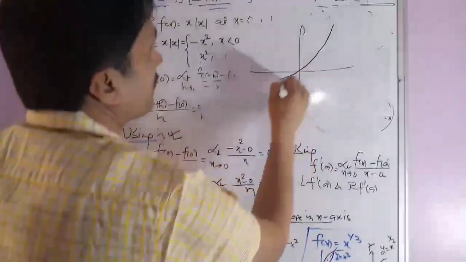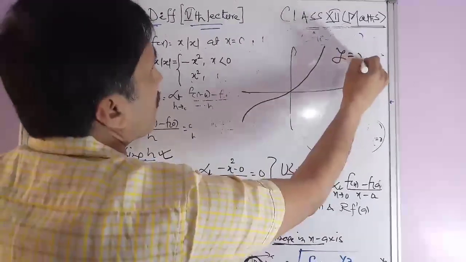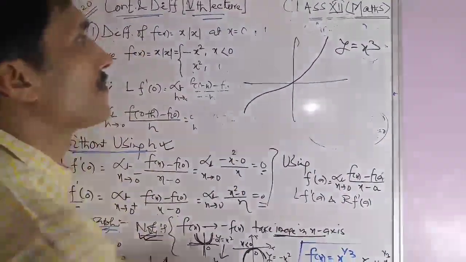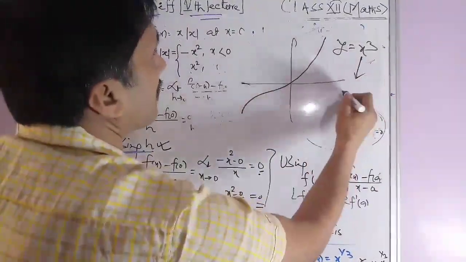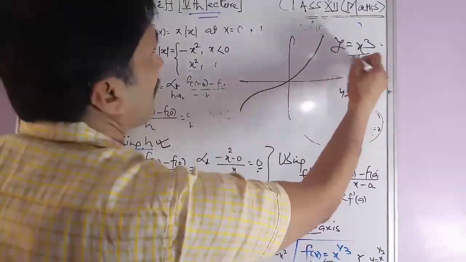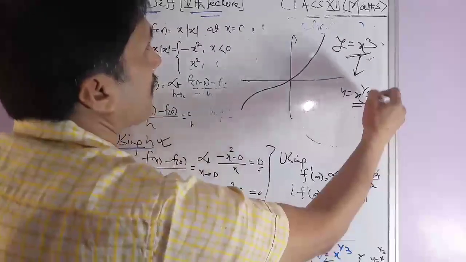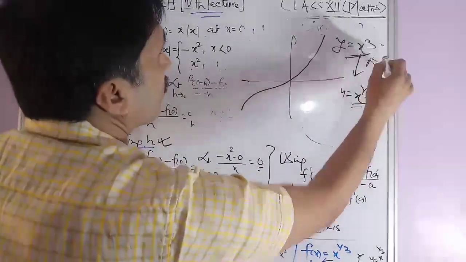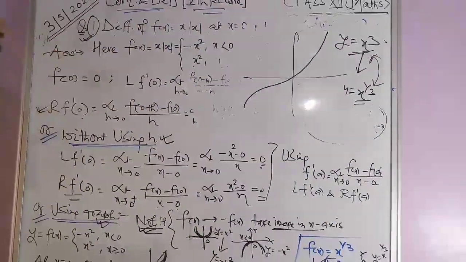We have graph y equal to f(x) equal to x cube. If we take x to the power 1 by 3, here x cube and x to the power 1 by 3, both are inverse of each other.